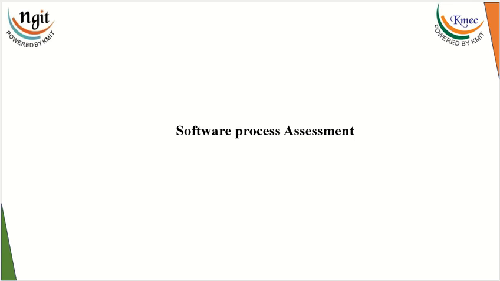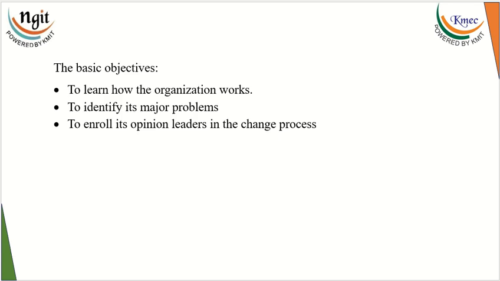By conducting software process assessment, the organization is going to identify the critical problems and establish the improvement priorities based on this identification. The basic objectives of software process assessment go something like this.